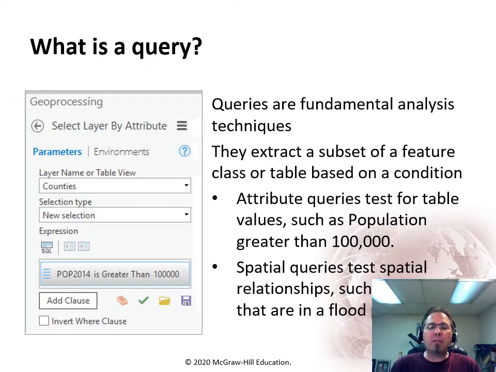And we're also going to look at spatial queries where you're comparing two completely different layers, and they could be of different geometries, to figure out if there's some type of correlation there in space that maybe you hadn't seen before. So it's something you're going to use a lot, and especially in the pre-processing steps of a further analysis.